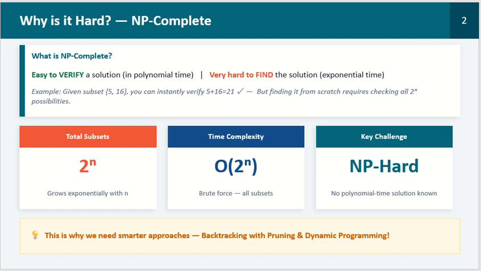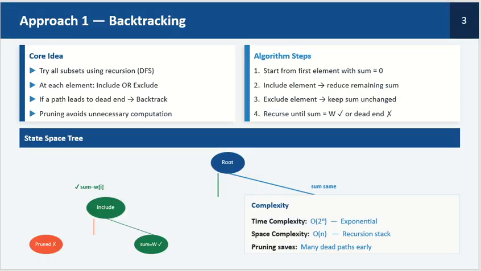First of all, we have approach one, that is backtracking. Backtracking we have all studied in earlier classes. Backtracking tries all the possible subsets using recursion. At each step, we either include or exclude an element.